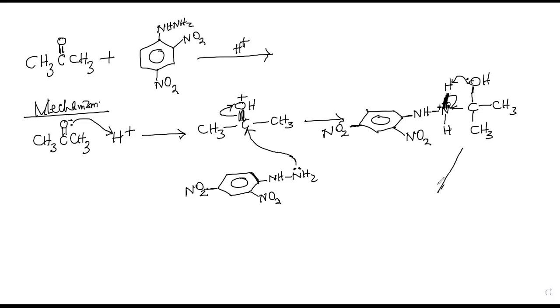So here we will form NO2, NO2, then NH, then N. Because the hydrogen has been shifted to OH, it is OH2 here, so we have only N and H. Then we have C, CH3 and CH3 here.